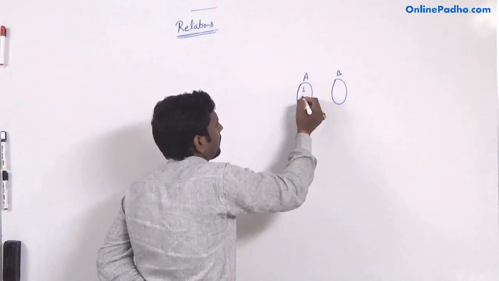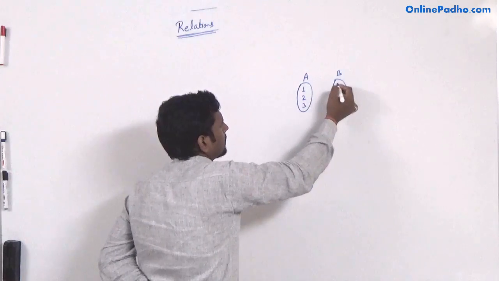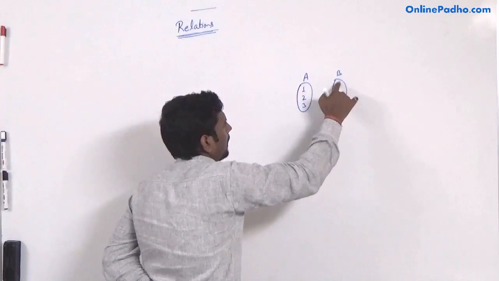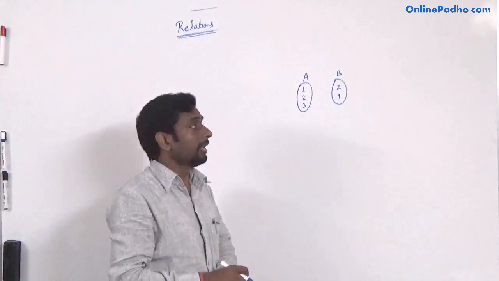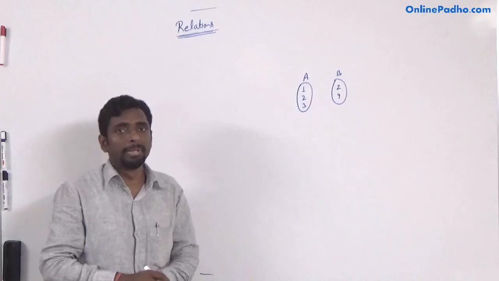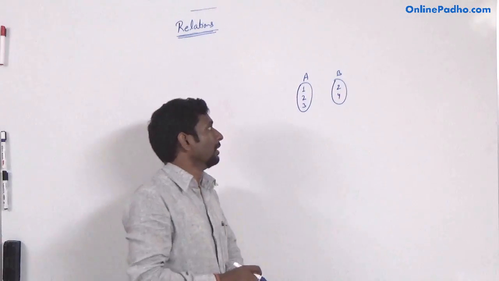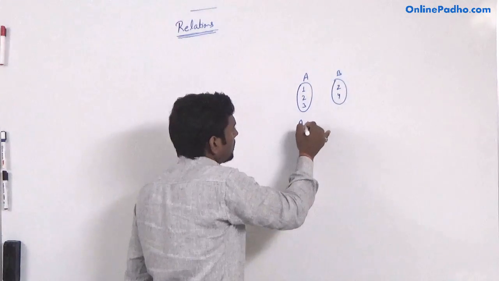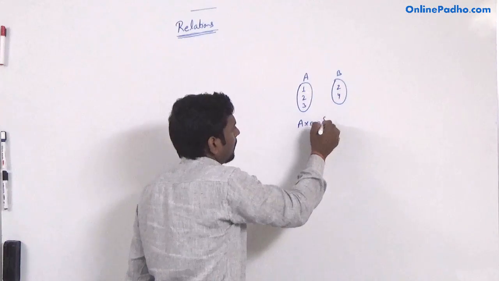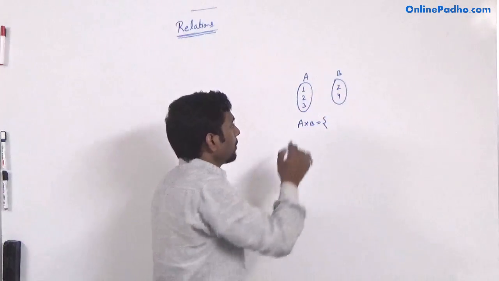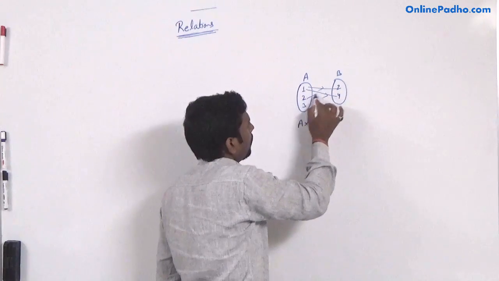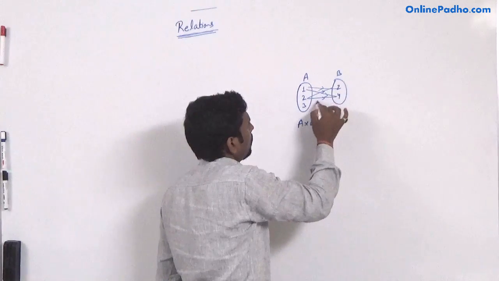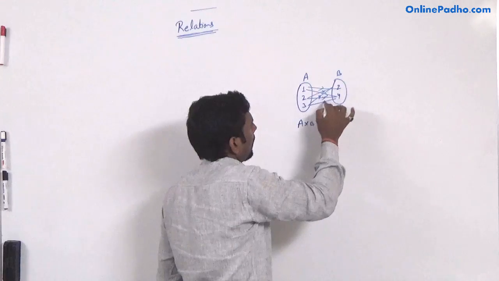Let us see. We have two sets, set A and set B, and the elements of set A are 1, 2, 3, and the elements of set B are 2, 4. So, what is the Cartesian product? We discussed it in class 11th. The Cartesian product is (1,2), (1,4), (2,2), (2,4), (3,2) and (3,4).